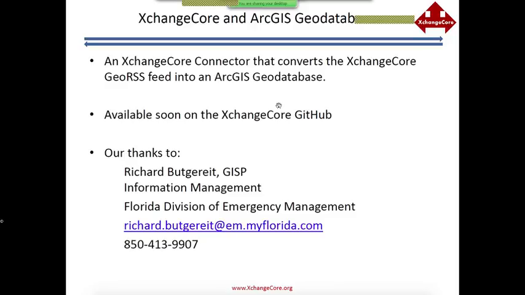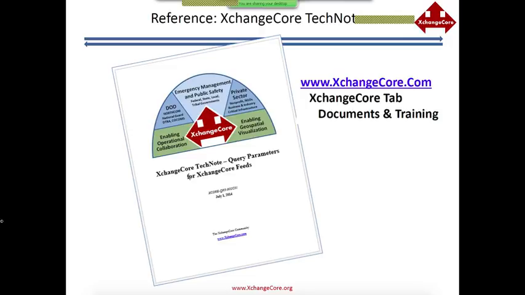And we'll have a notice in the usage and the XchangeCore update about that. Last point, all this is explained in the XchangeCore tech note on query parameters, and you get that by going to XchangeCore.com or .org, and go to the XchangeCore tab, and under Documents and Training, you'll see the query parameter tool.